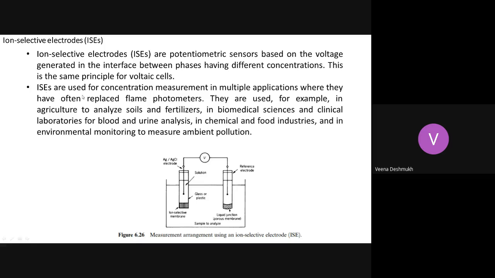ISEs are used for concentration measurement in multiple applications, where they have often replaced flame photometers. Now, you have seen the flame photometer in the earlier application. Basically it measures the intensity of the flame or the heat generated.